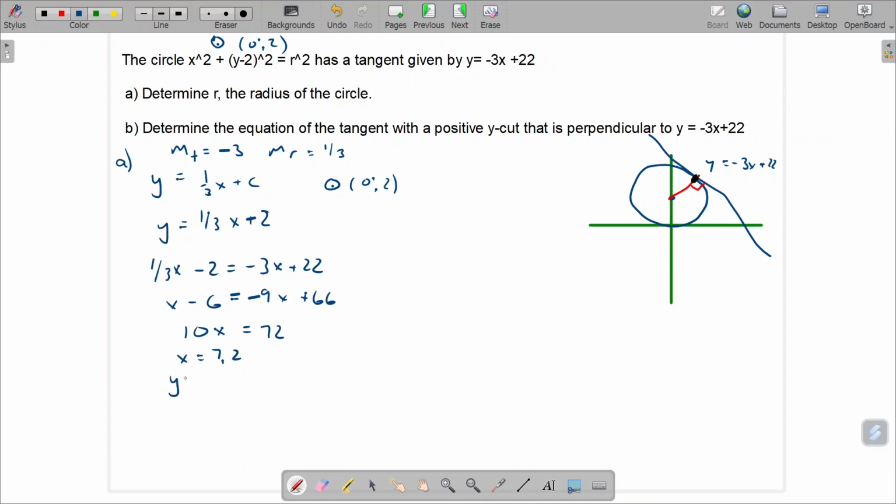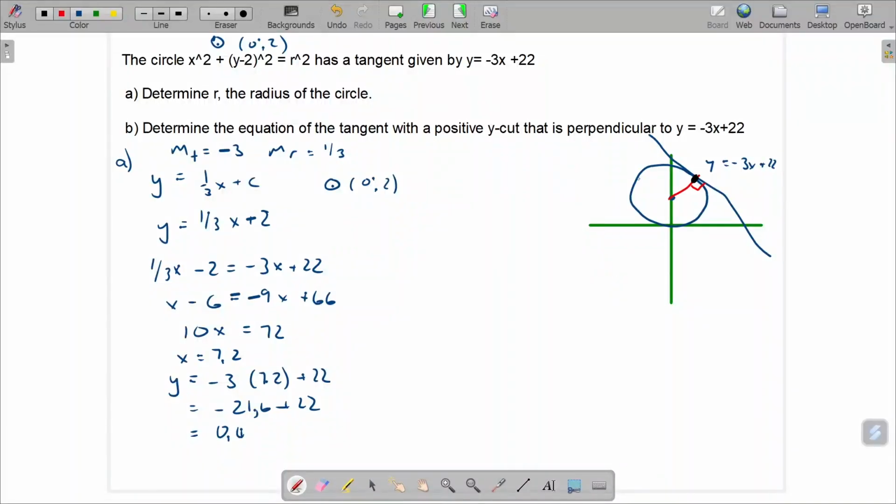As a result, y equals minus 3 times 7.2 plus 22, which equals minus 21.6 plus 22. So the y value at this point of tangency is going to be 0.4.